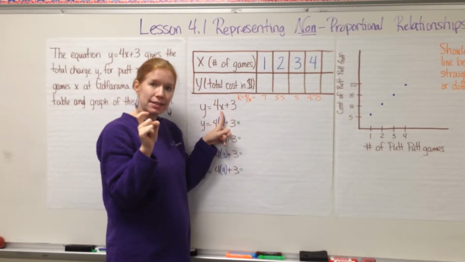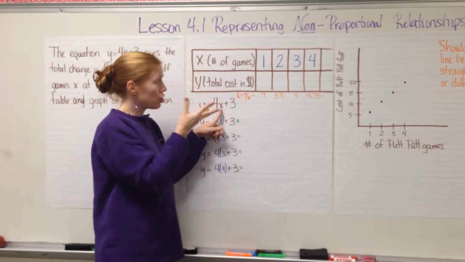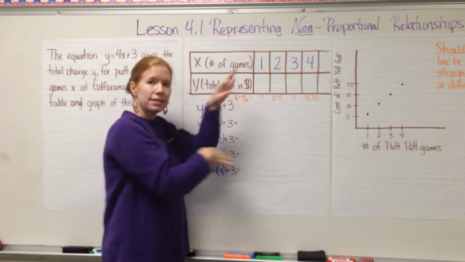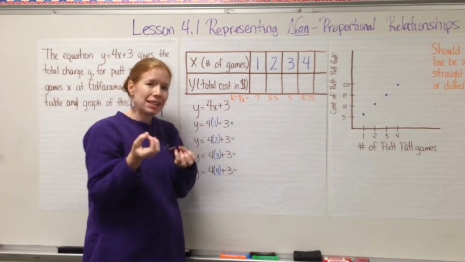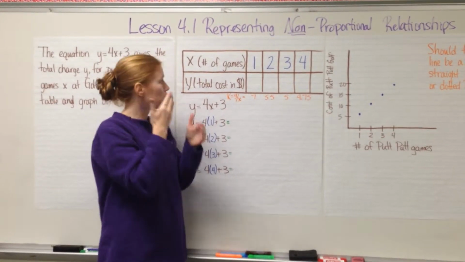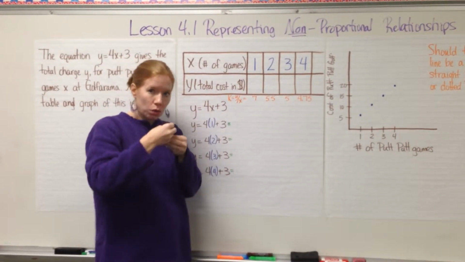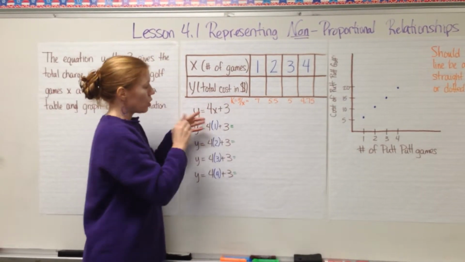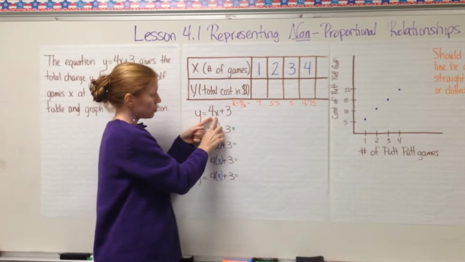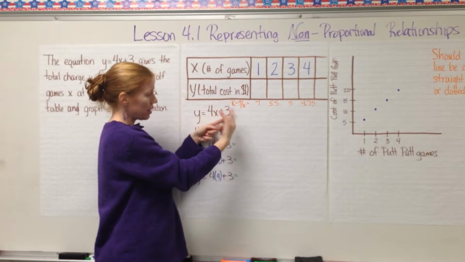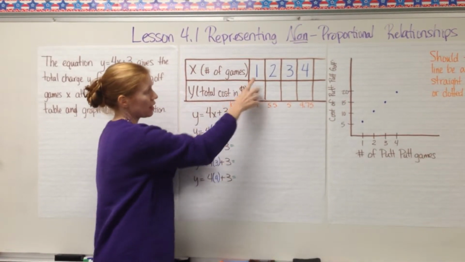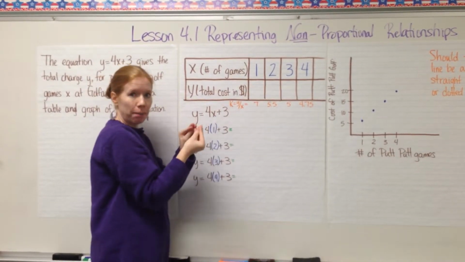That's going to be my x. I can use this information and substitute the number to see how much y is, which will equal the total cost. So I've already written this down, 4x plus 3, and then I substitute in my first number.